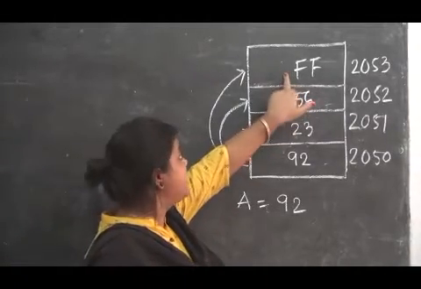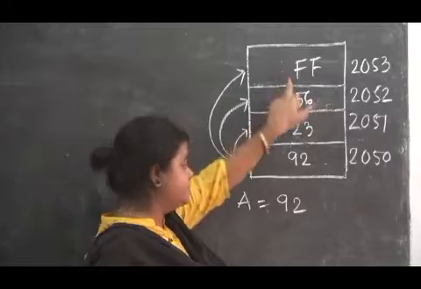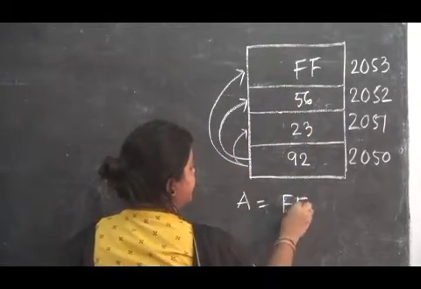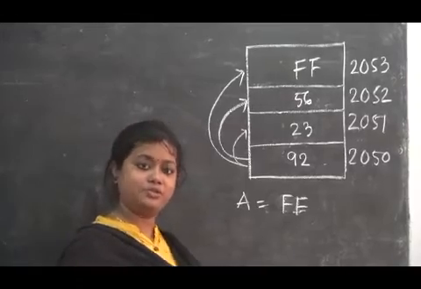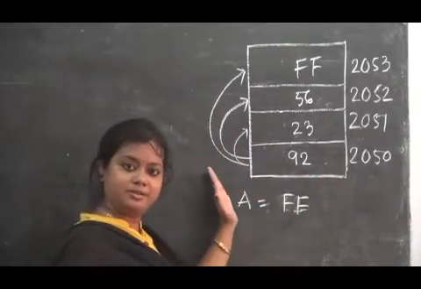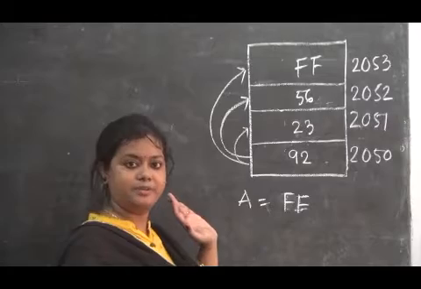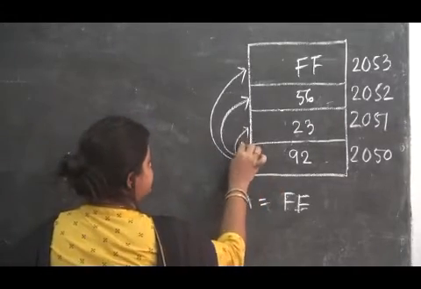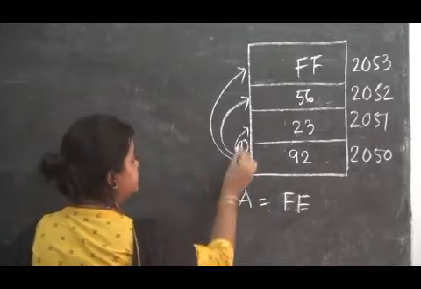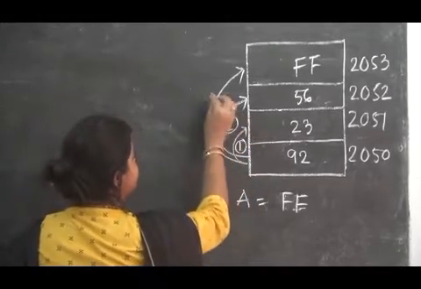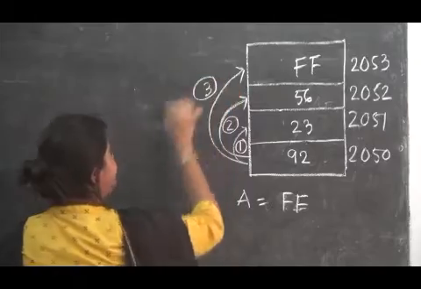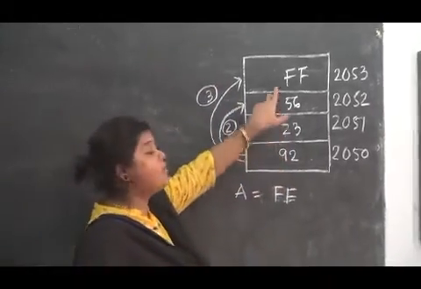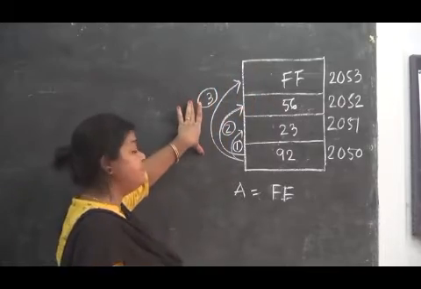As you know, FF is the highest number, so the value of the accumulator will be replaced by FF. So this is the procedure to find the largest number. This was the first comparison, this was the second comparison, and this was the third comparison. So if we have 4 data, then the comparison will be 3 times.